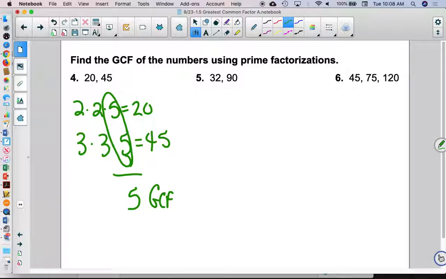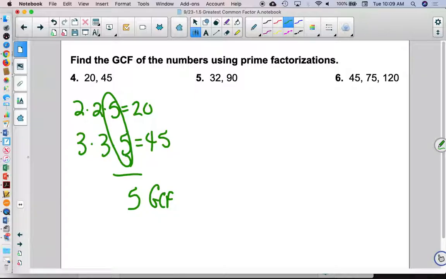We will use the prime factorization when we find the LCM, the least common multiple. And you can't use the factor ladder for that. It doesn't work, not successfully every time, so you just don't do it. I want that one prime factorized.